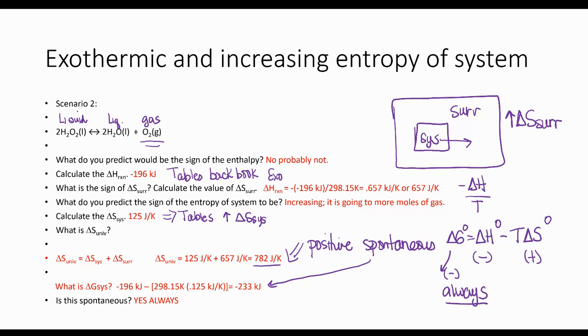And so this type of reaction, exothermic with increasing entropy of the system, is always spontaneous. It will occur without a constant outside intervention. So these reactions are easy for us to do experimentally. Okay.